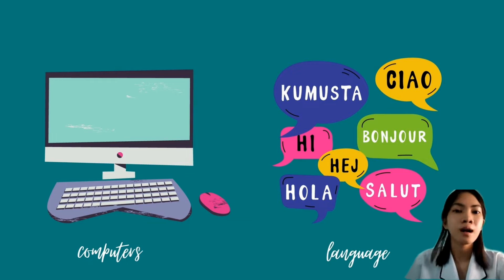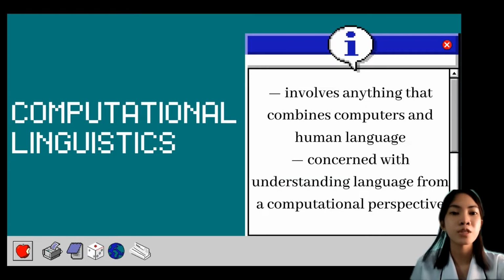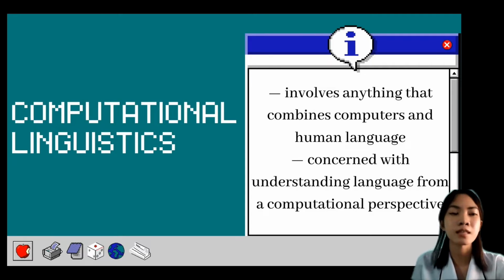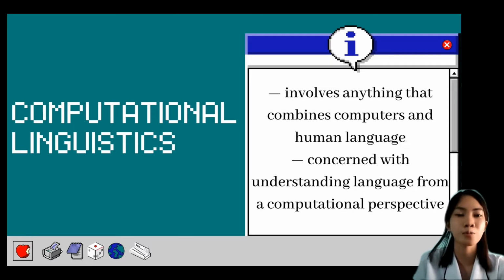So, to relate these to the computers and language, it is referred to as computational linguistics. So, computational linguistics involves anything that combines computers and human language. So, what are these things that combine computers and human language?